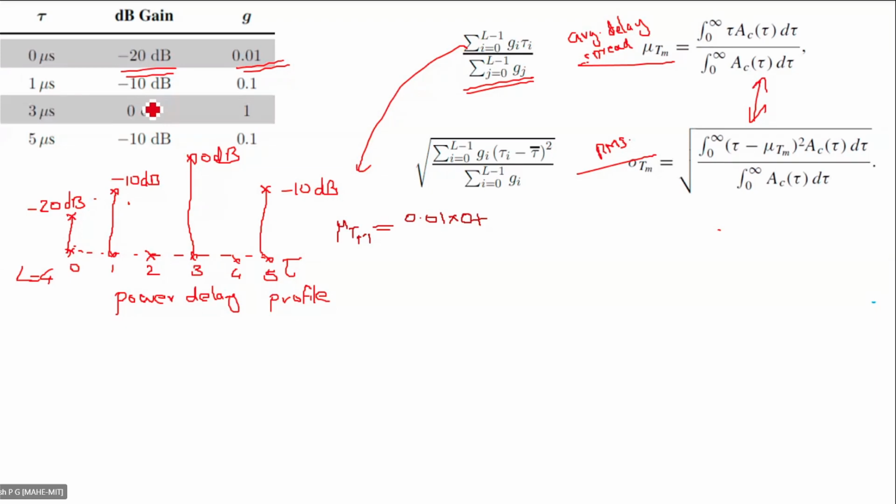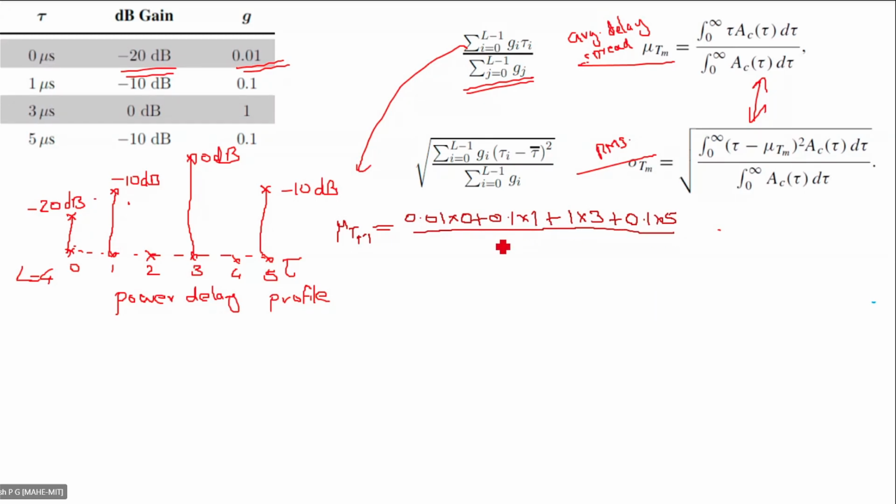Then what you have to do is write 0.1, that is tau 1 into G1, that is 0.1 into 1, plus the third component, that is 1 into 3, plus 0.1 into 5. So these are the set of tau i Gi's, right? Summation tau i Gi.